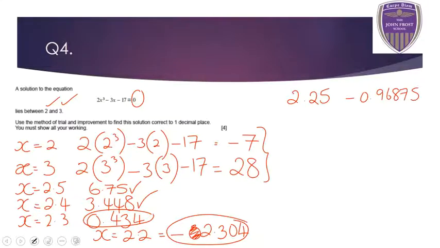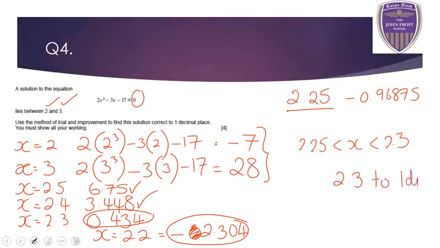Okay, so just to summarize, it's between 2.25 and 2.3. They're the nearest ones to naught. That one gives you that value, and the 2.3 gives you the 0.434. But rounded to one decimal place, the answer must be 2.3.